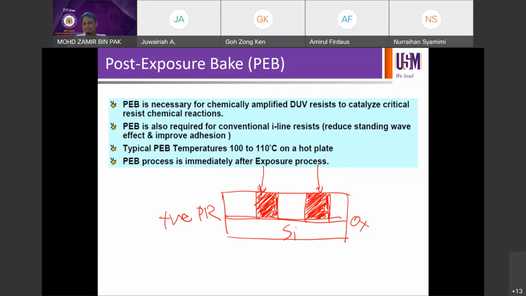Anyone? Positive resist, what do you expect? These areas, hardened or soluble? Soluble, right? Positive resist, exposed, soluble.